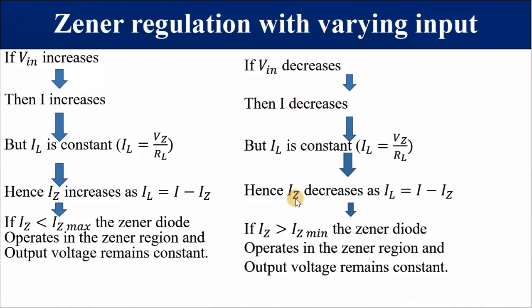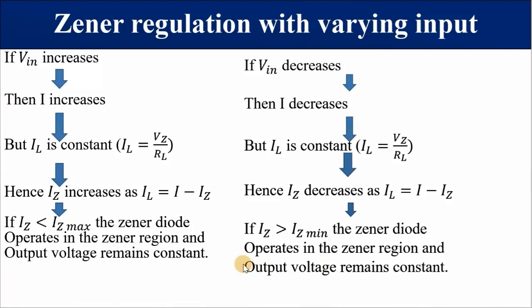It means that the Zener current must decrease, because this, which has remained constant, is equal to this minus this. So since this must decrease, it must always be greater than the minimum Zener current, or IZK, so that the diode can operate in this Zener region and therefore maintain the output voltage constant.